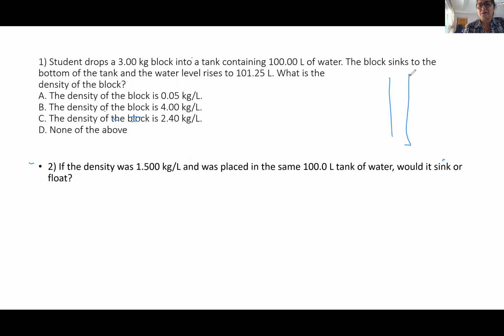In displacement, you have a graduated cylinder or a tank that has 100 liters. So let's say you have 100 liters of water here, and when you drop the object in, it's going to displace and go to 101.25 liters.